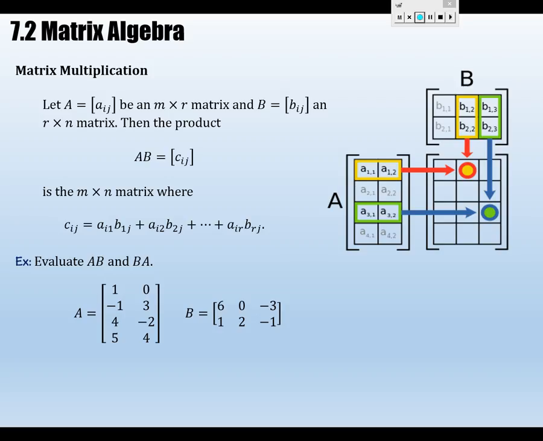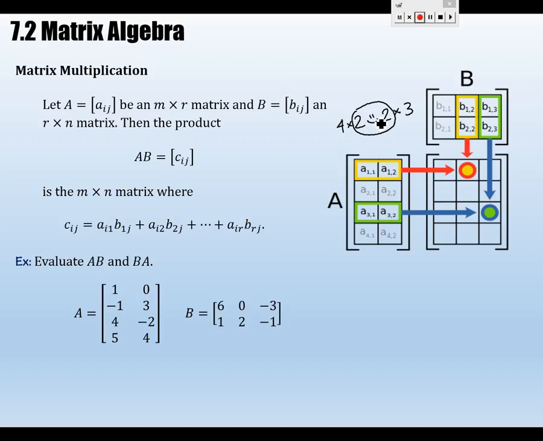In order for these to have the same number of things in these green boxes, the number of columns in A has to be the same as the number of rows in B, right? So if you're doing a 4 by 2, which is what this is, multiplied by a 2 by 3, let me say it again, the number of columns in A has to be the same as the number of rows in B, yes?